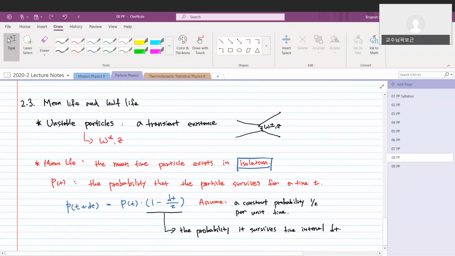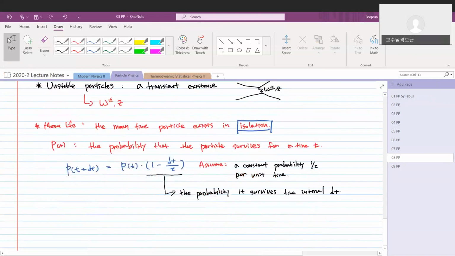Most unstable particles only exist at the transition process in terms of the Feynman diagram, like this. So they live for a very short time. I define the mean life as the mean time a particle exists in isolation.